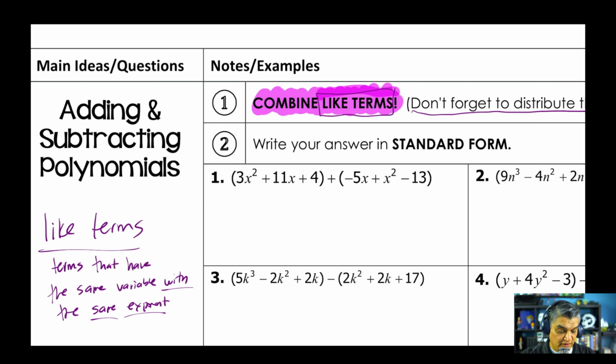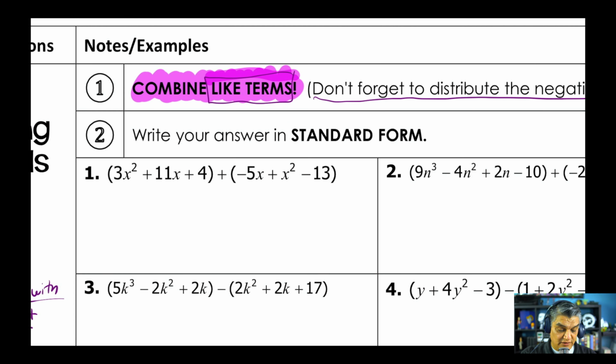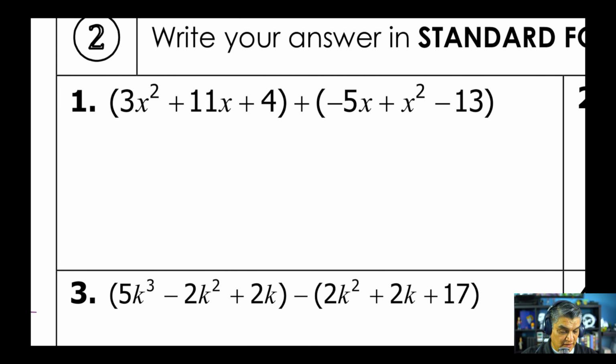Really simple. So if I look here at number 1, and then write your answer in standard form. If you don't write it in standard form, you're not going to lose points or anything, but like I said, it's just a convention, just to keep things organized. So if we look at number 1, I don't need the parentheses.